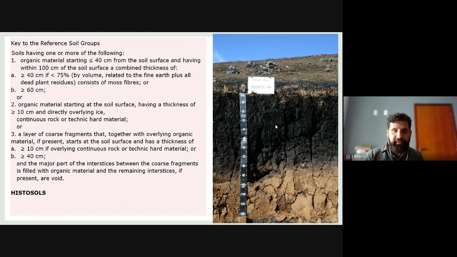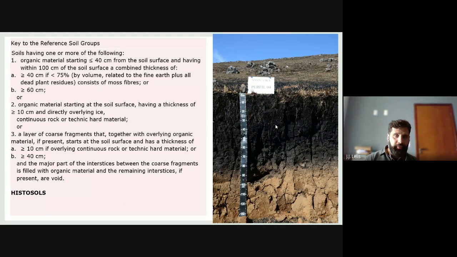They possess at least 20% of soil organic carbon. So the soil organic carbon is very high, and because of that we can identify organic materials, and because of that we can also identify histosols.